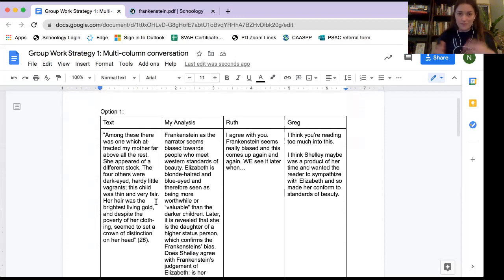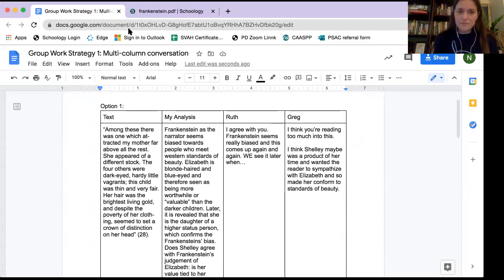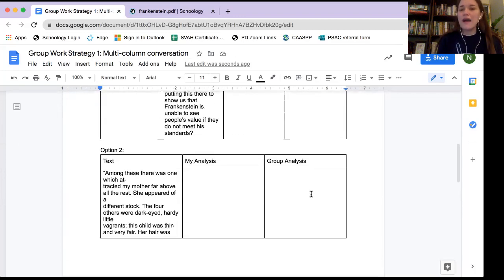So I'm calling this a multi-column conversation because you can have as many columns as you feel like you need. We have the text, we have our original analysis, and then you can either make a column for each of your group members, or you can just have one column for everyone who's not you to write their ideas in.